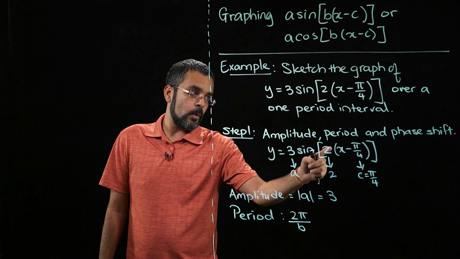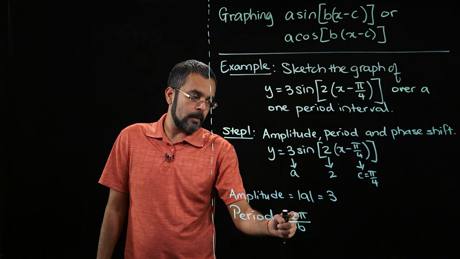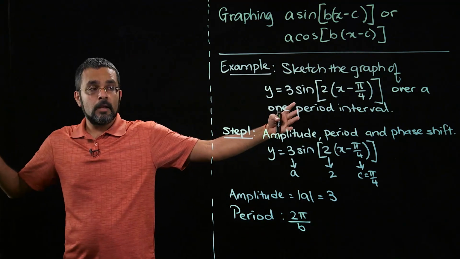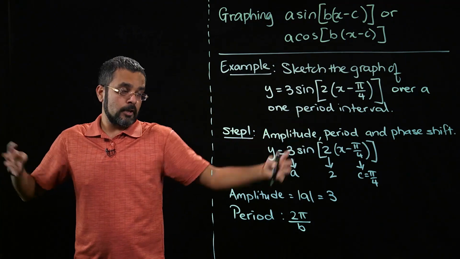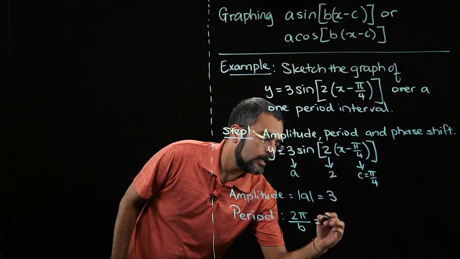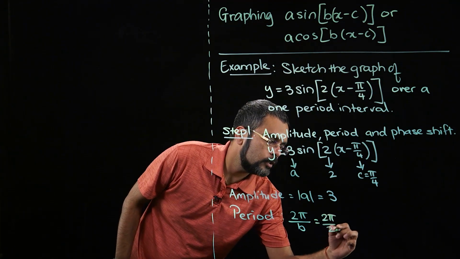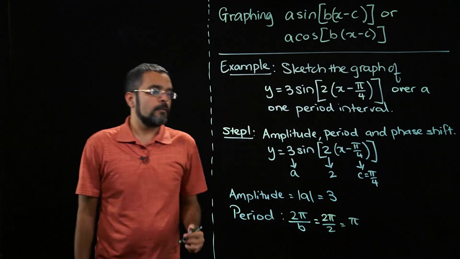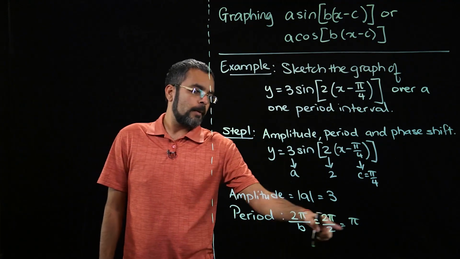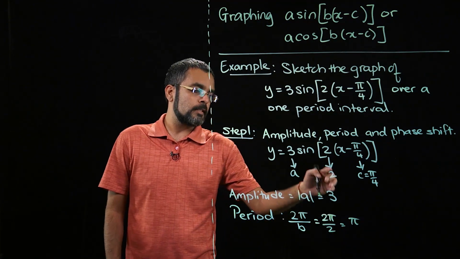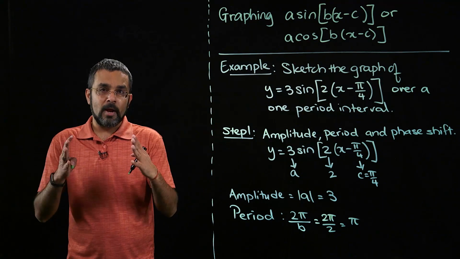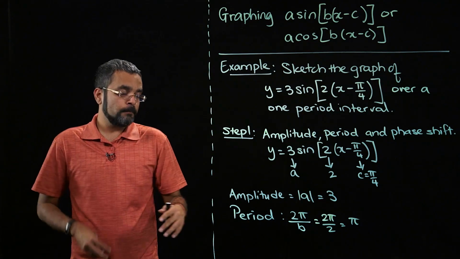If b was, let's say, 1/2, then this would become 4 pi, which would be a stretch in the horizontal direction. For us, 2 pi over b is 2 pi over 2, which is just pi. So from 2 pi, my period is now pi, which means the sine function has been compressed to half its size.